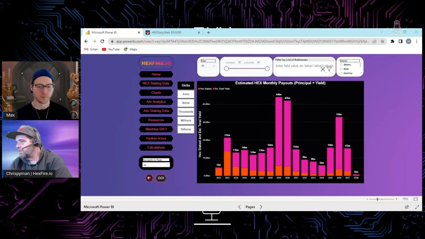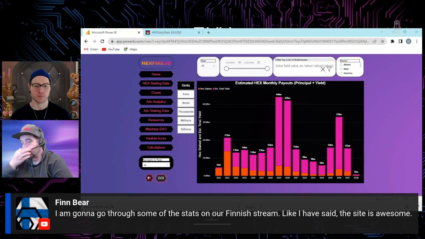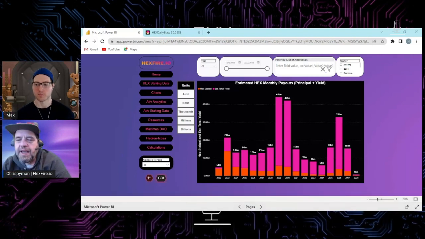I think this chart that I pulled up is helpful in that way, because what you'd be able to do is look for, I think we covered this last time we spoke, when we think the amount of HEX coming out will be the lowest.